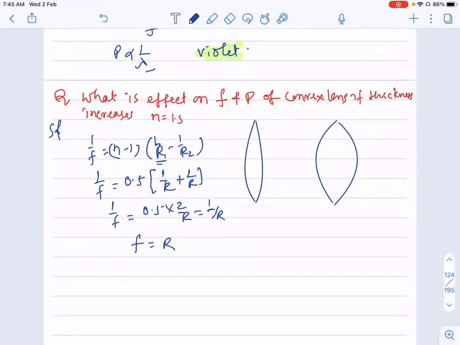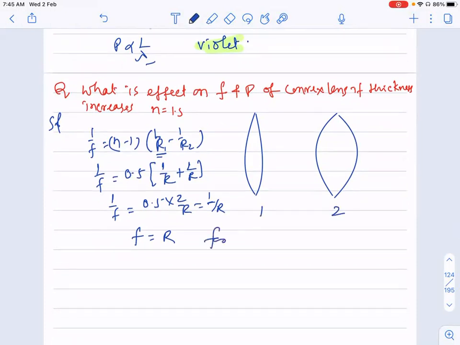तो R किसका बड़ा है? फर्स्ट वन, thin lens has got more. Therefore, F is more.